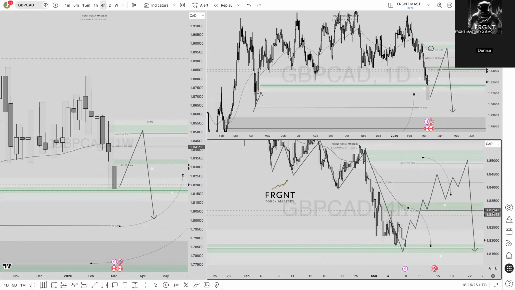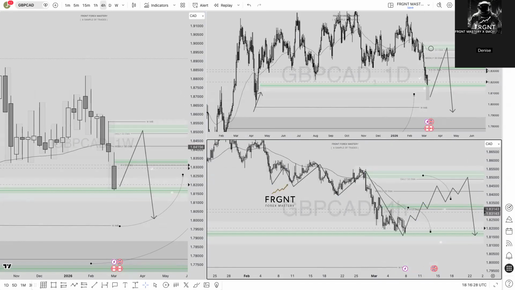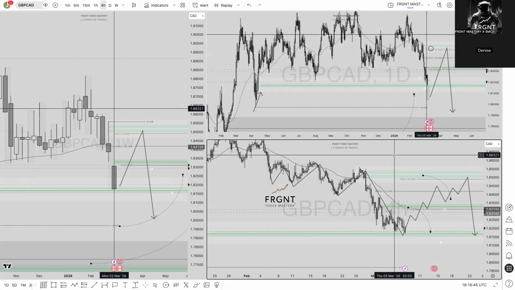The clear answer would be, well, if the 4-hour is trending bearish, you want to be on the right side of price action and trade in line with that 4-hour time frame. That's going to be your highest probable type of trade as a result of using higher time frame confluence. Trade the trend. So that's GCAD for me.